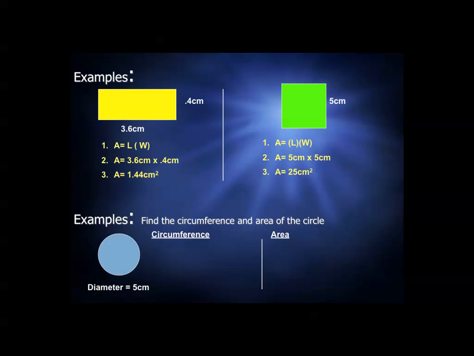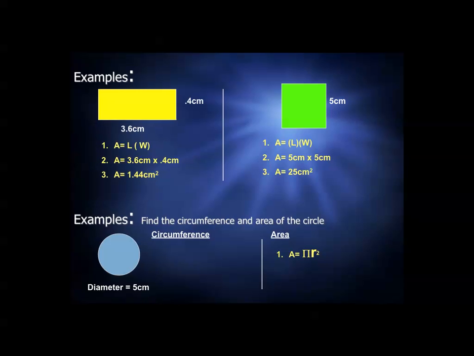Okay, circle here. Diameter is 5 centimeters. I want to find its circumference. Well, let's do area first, I guess. Area equals pi r squared. All right. Next, substitute numbers. What do I get?